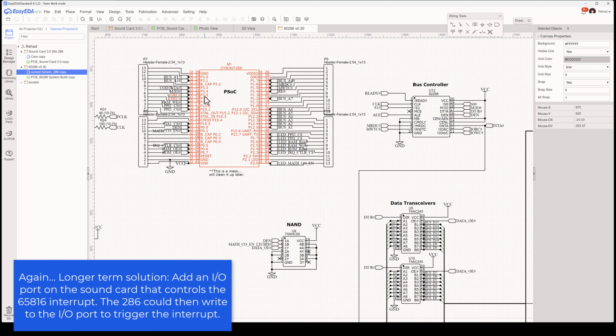So, short way of saying all that, I'm going to manage the interrupt through an I/O write, and my PSOC is really going to be the mechanism to deal with that and get the signal set properly on the ISA bus over to the sound card.